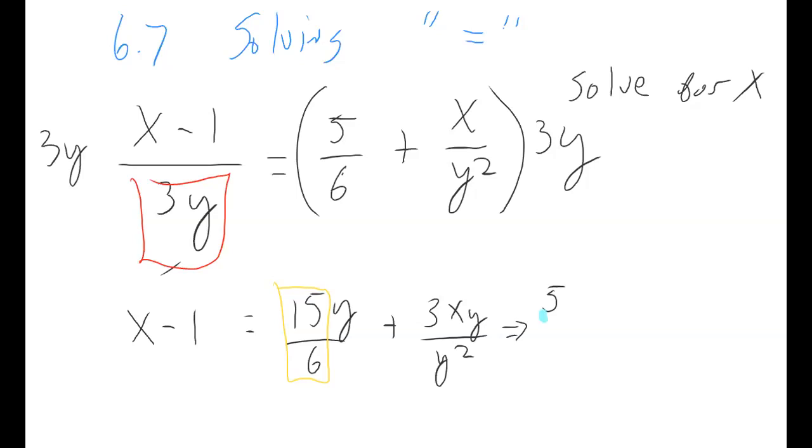Let me fix that. Because we still have our x minus 1 here. That equals, yeah, so be careful not to just add an equal sign like I did, because then it's going to really make this hard to solve. 15 over 6 becomes 5 halves y. And then this y cancels that squared. So then this becomes plus 3x all over y.